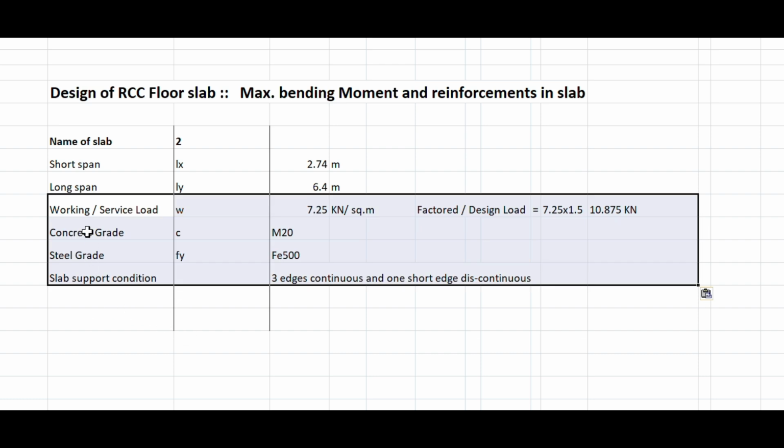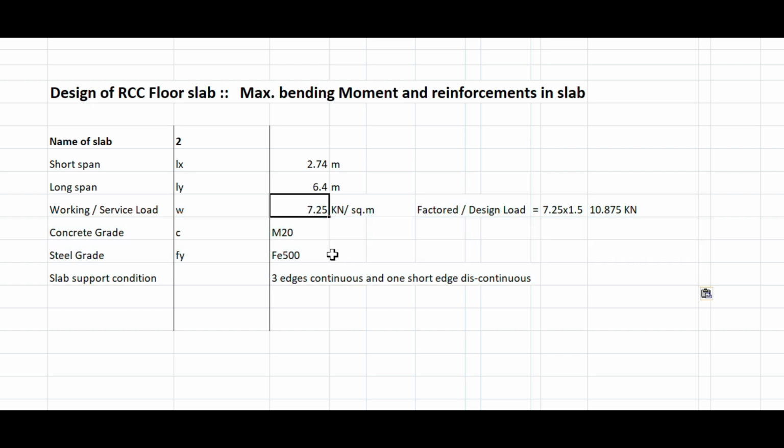From the given items, the working service load is 7.25, M20 concrete, Fe 500 steel. The slab is supported on three sides and one edge is discontinuous. From the working load, we arrive at the factored load, multiplied by 1.5: 7.25 into 1.5 equals 10.875, the design load or the factored load.